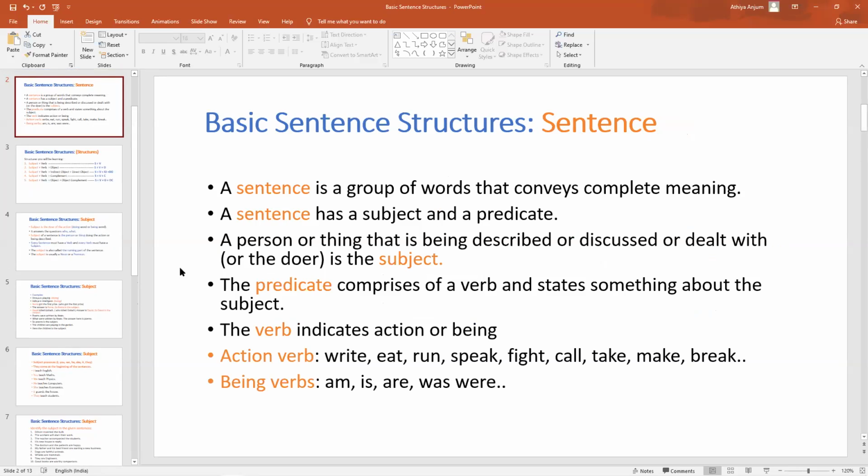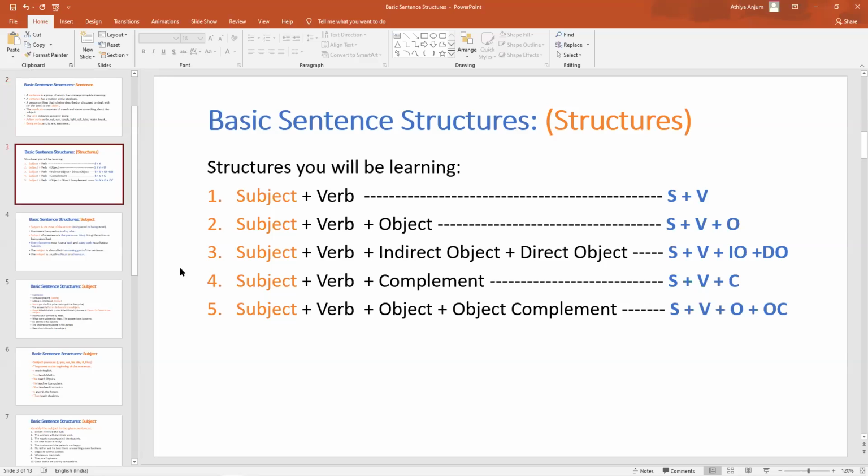The subject is the doer, the noun or the pronoun, and it comes at the beginning of the sentence. Then you have learned the verbs: action verbs, being verbs, and so on. Then today we have done two patterns, SV and SVO.